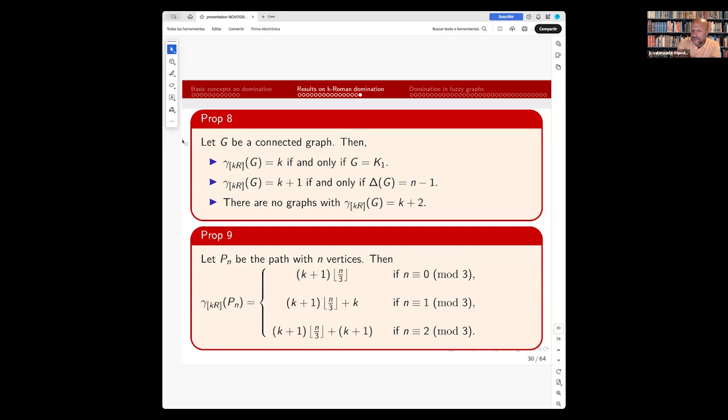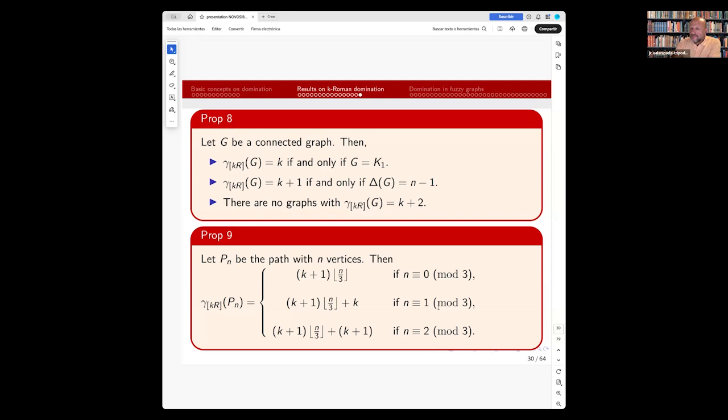Also, we have proved that it's impossible to find a graph having the K-Roman dominating number equal to k plus 2. And the last result we have proved is that it is possible to compute the K-Roman dominating number for the path graph in terms of the congruence of the number of vertices modulo 3.